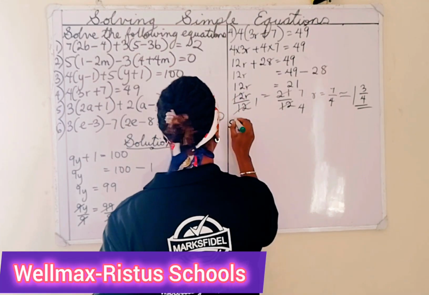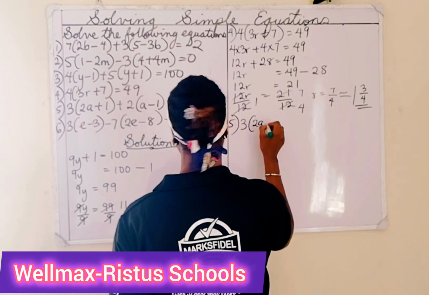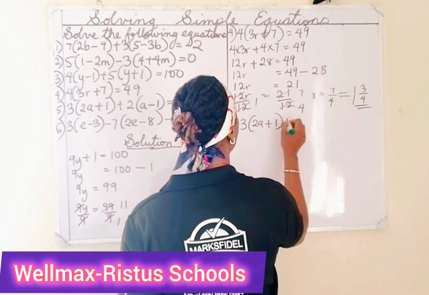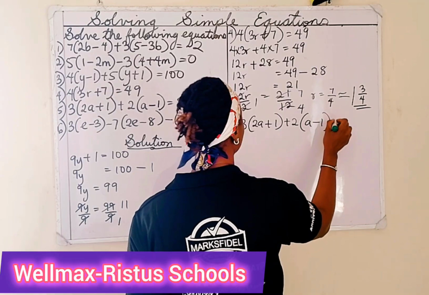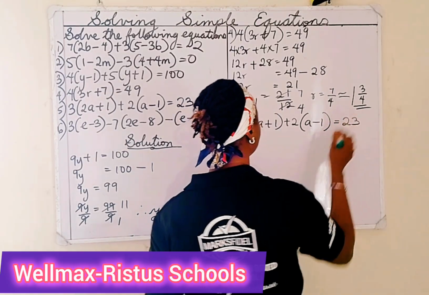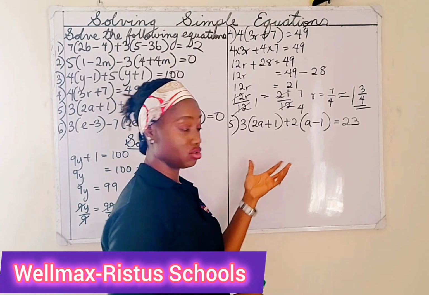Question 5 is 3 into bracket 2a plus 1 plus 2 open brackets a minus 1 equals 23. Alright, so now we're going to open the bracket as usual.